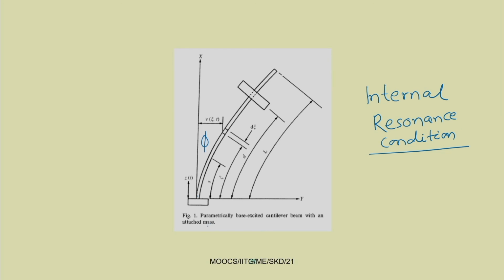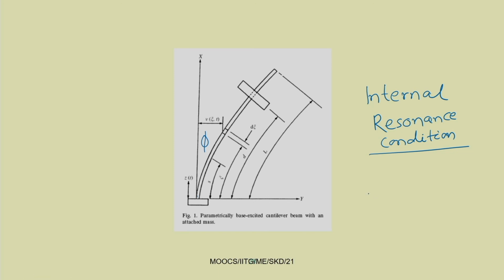From that the term cos phi can be obtained, and one can write the moment. So, one can derive this equation of motion either by using the energy method or by using the force and moment based method, that is Newton's second law or D'Alembert principle. Here, taking a small element, different forces can be taken.